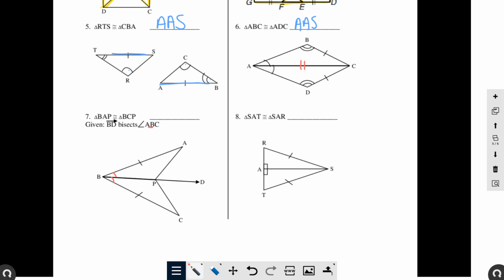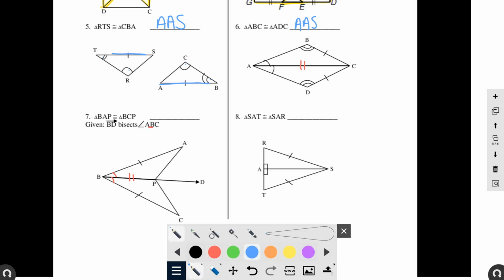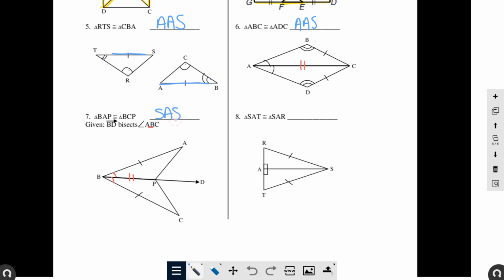Is there anything else that you can mark? The line in the middle that they share, right? We could mark that as well. So are these two triangles equal? Yes. Why are they equal? Side angle side is correct. We have two sides, and then this angle connects those two sides together. So side angle side with those two triangles. Does everybody see that? Does that make sense?